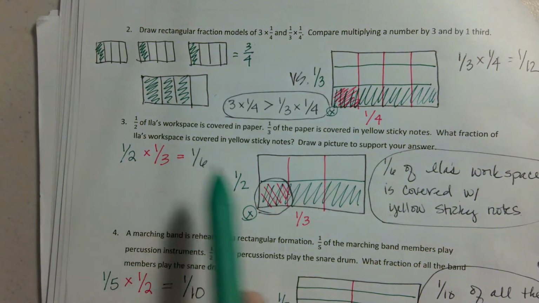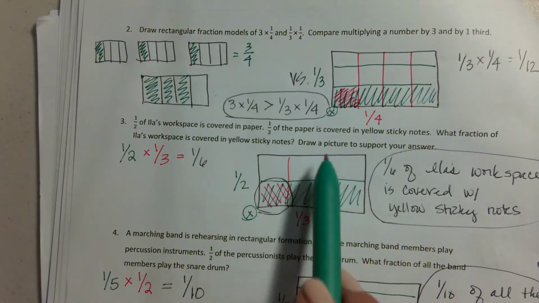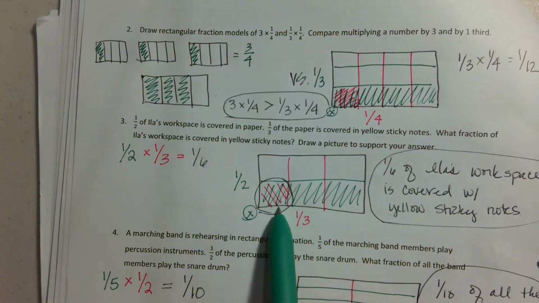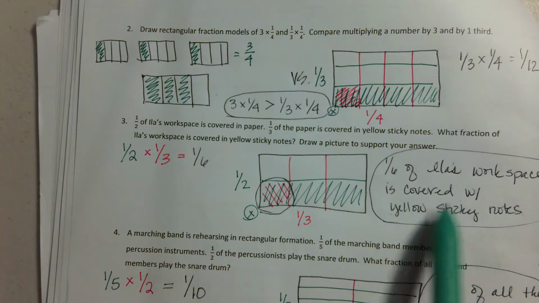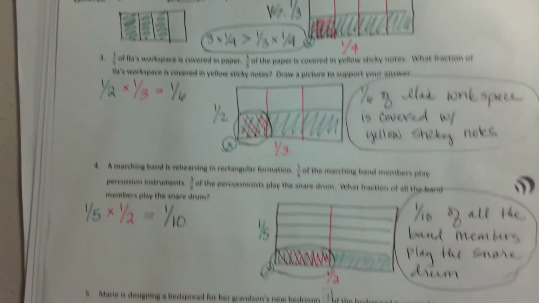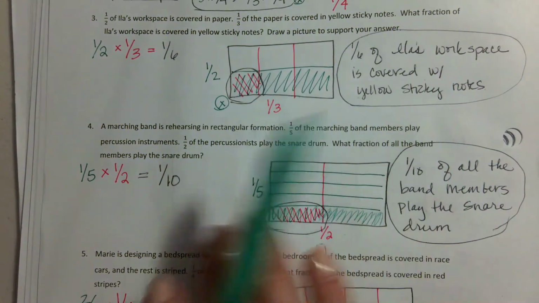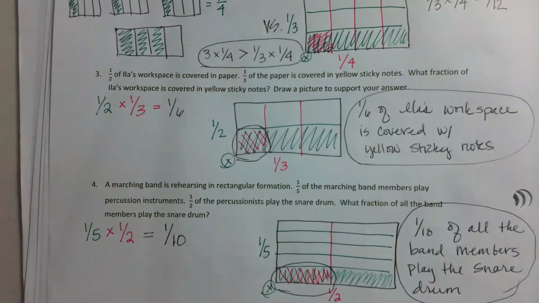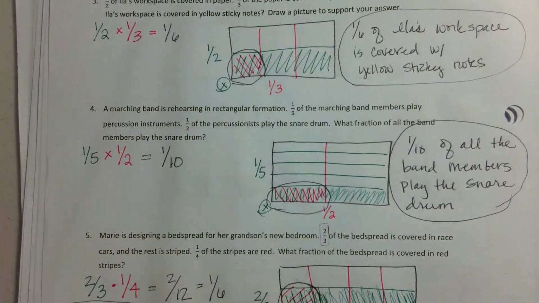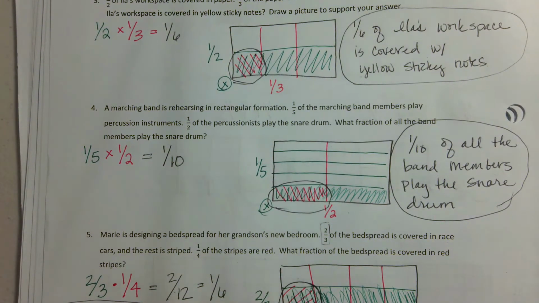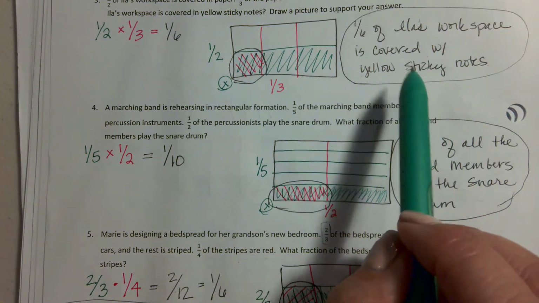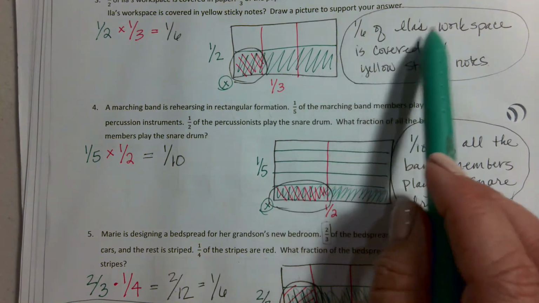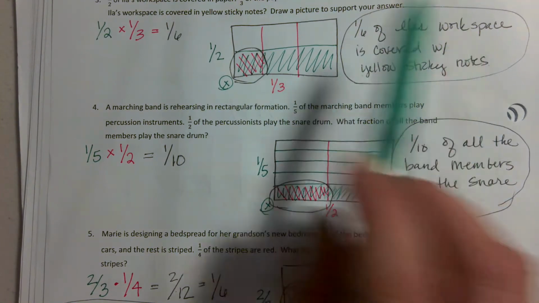Then 1/2 times 1/3, I only want one of them. 1/6 of Ila's workspace is covered with yellow sticky notes. Remember, whatever I've circled, that's the actual answer. Okay, so the answer to the problem is 1/6 of Ila's workspace is covered with yellow sticky notes.